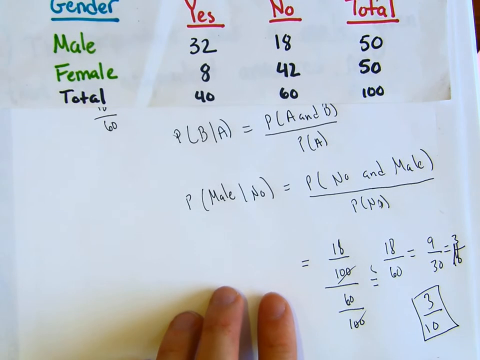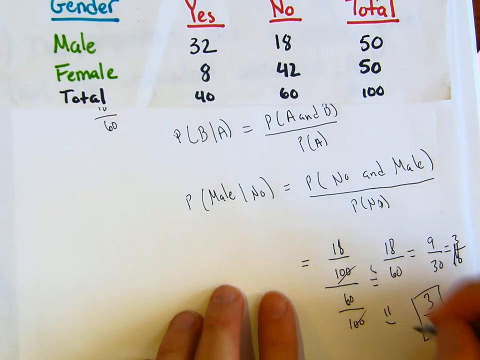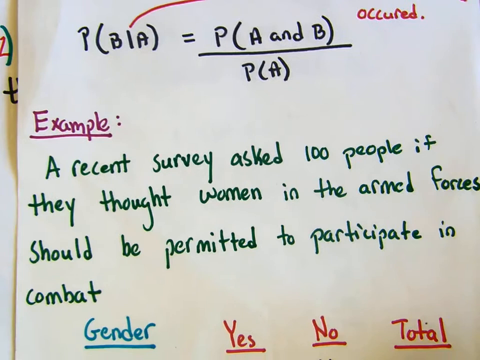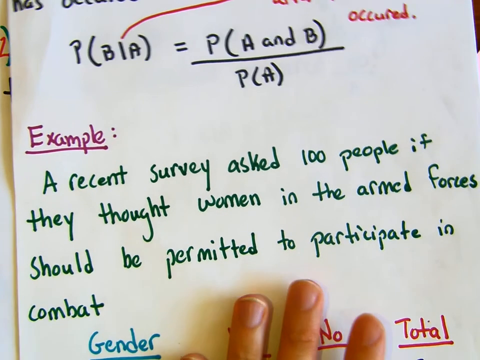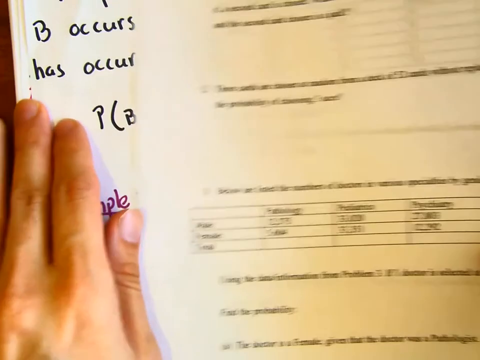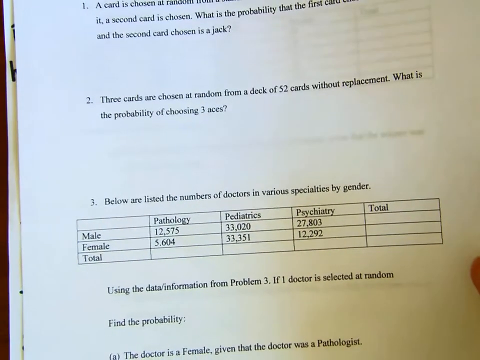Okie dokie. I hope this was okay. I know this might not be the best situation to learn conditional probability, but for the homework section, let me actually get the paper. For the next part of the section, I'll ask you 3 questions.